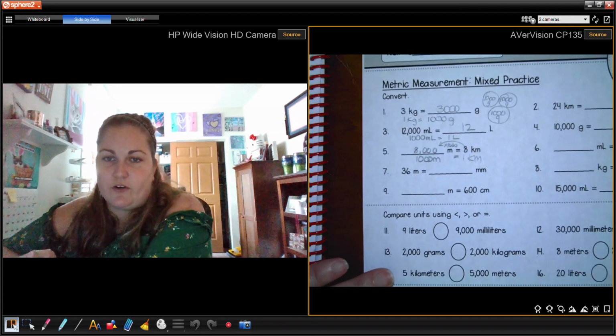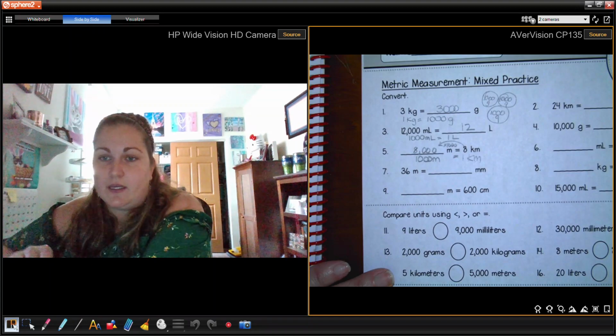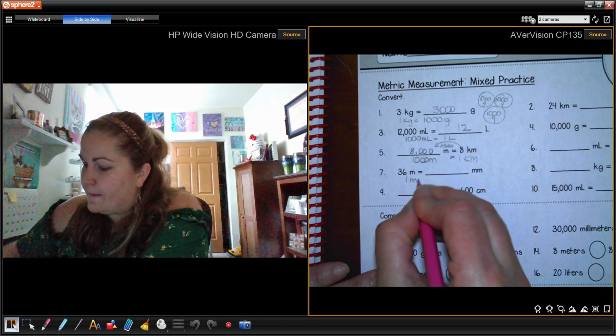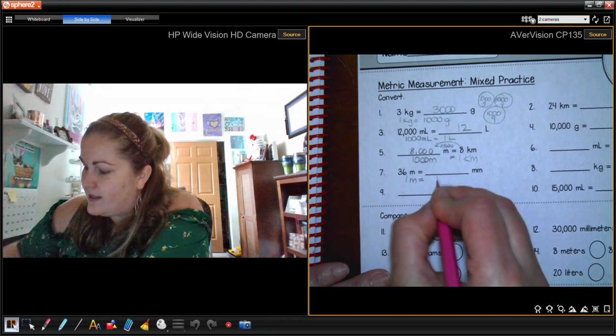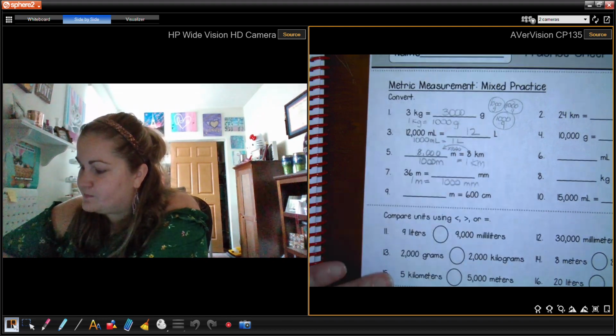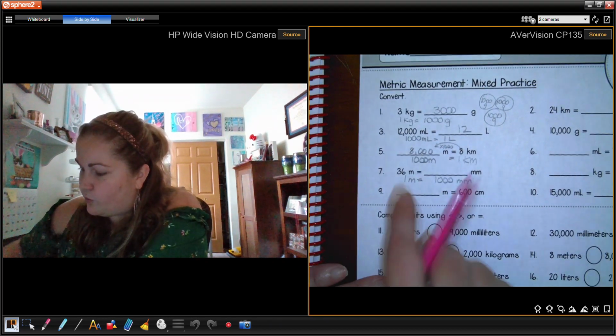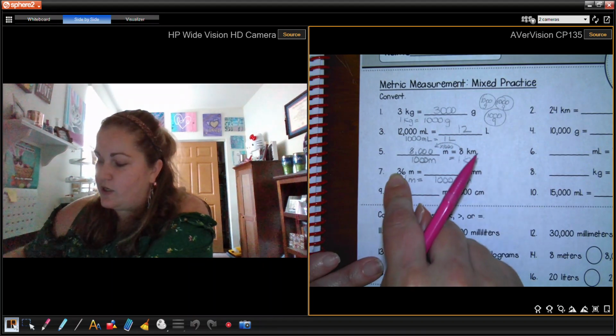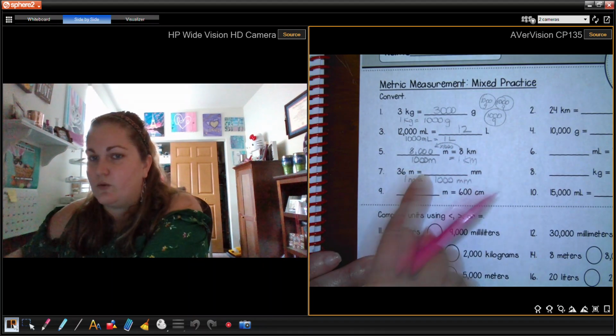Okay, sliding to number 7. We are converting meters to millimeters. So 1 meter is 1,000 millimeters. For every 1, you have 1,000, and I have 36. So here would not be a good idea to try and make those equal groups.